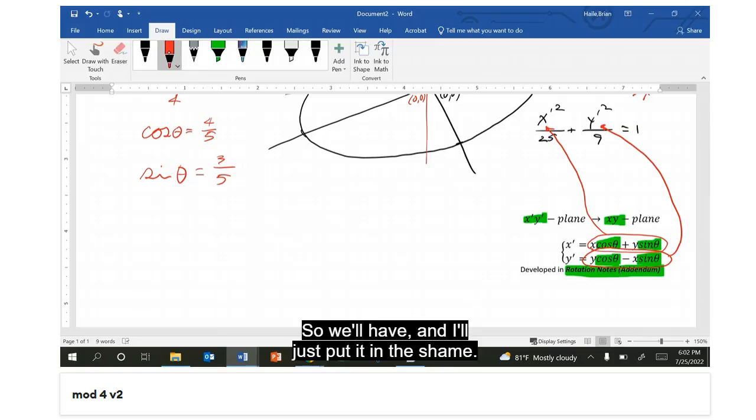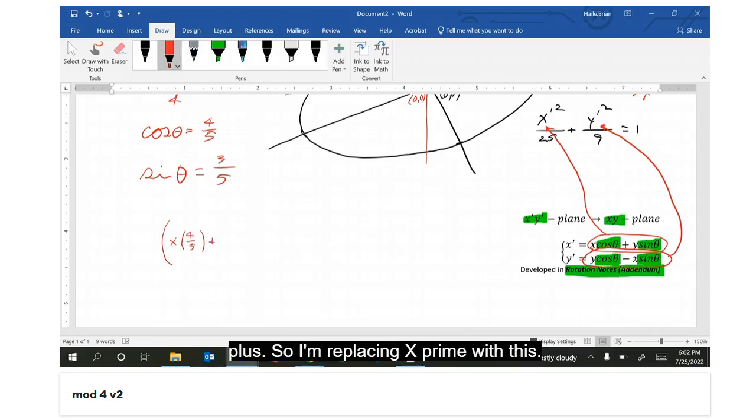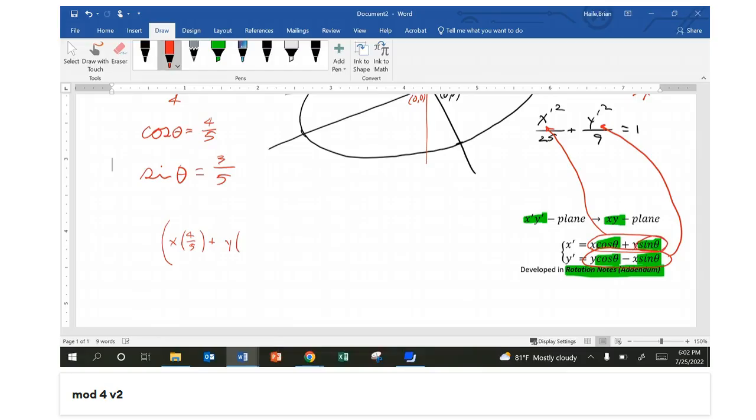So we'll have x times cosine of theta, that's 4/5, plus, replacing x prime with this, y times sine of theta, so that's 3/5, all that squared over 25.